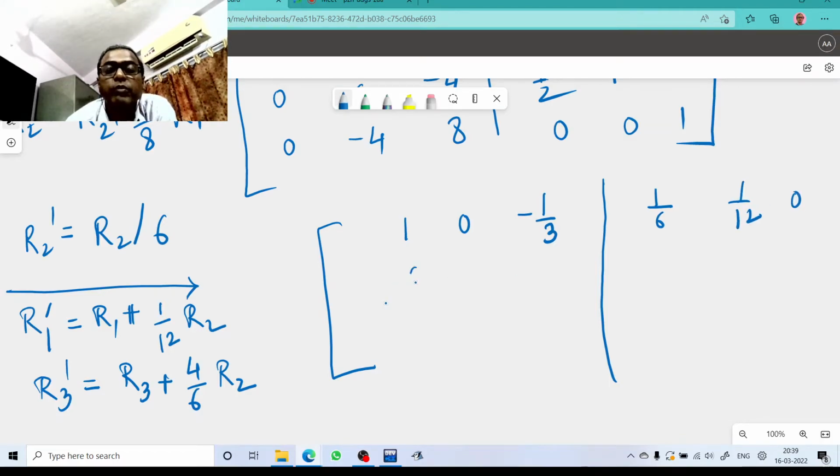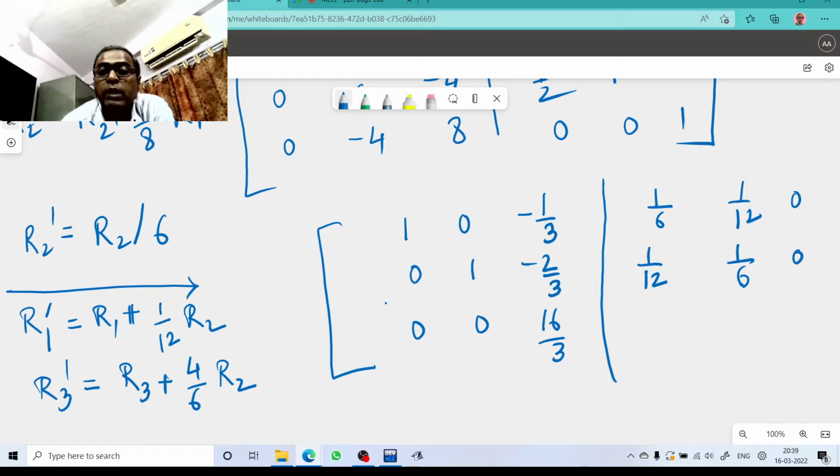Second row 0 1 minus 2 by 3, 1 by 12, 1 by 6, 0. Third row 0 0 16 by 3, 1 by 3, 2 by 3, 1.